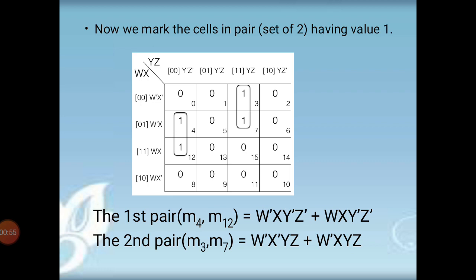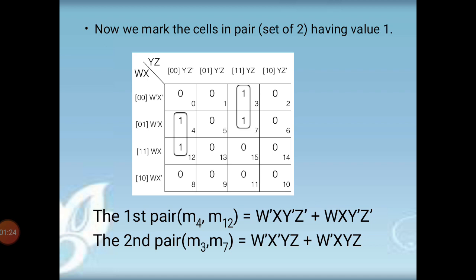After making the pairs, the first pair is M4 and M12, and the expression for the first pair is the min terms of M4 and M12. So the min term for M4 is W complement X, Y complement, Z complement, and the min term for M12 is WX, Y complement, Z complement.